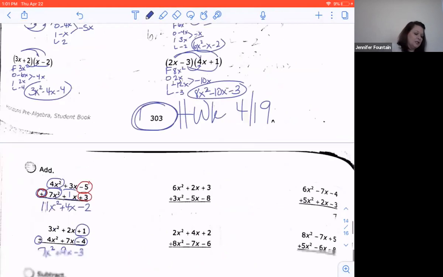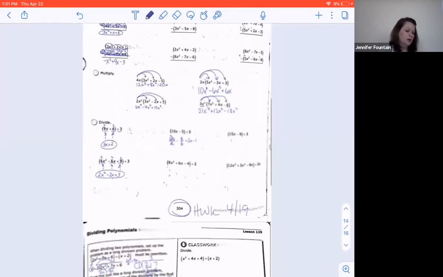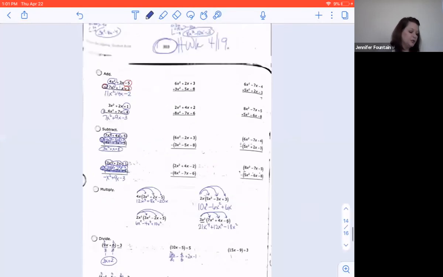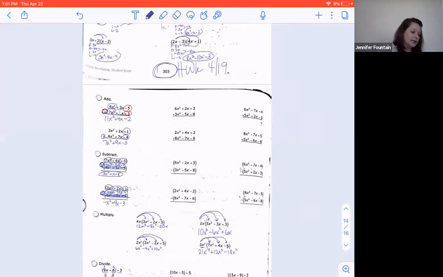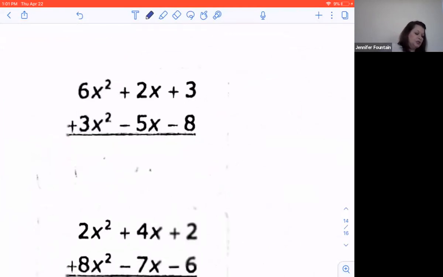All right, let's take a look at 304. On 304, we were finishing up this page where the first section, we were adding and subtracting. So let's look at our first with addition. I would have 9x squared minus 3x minus 5.